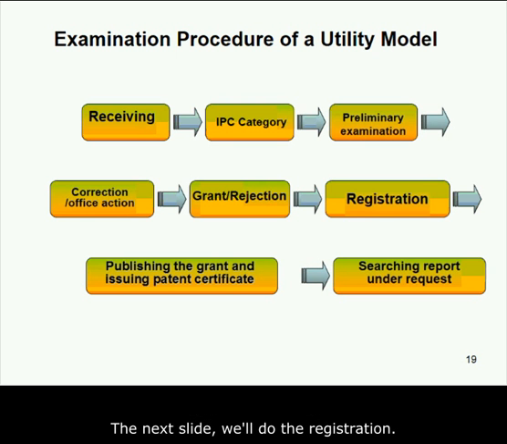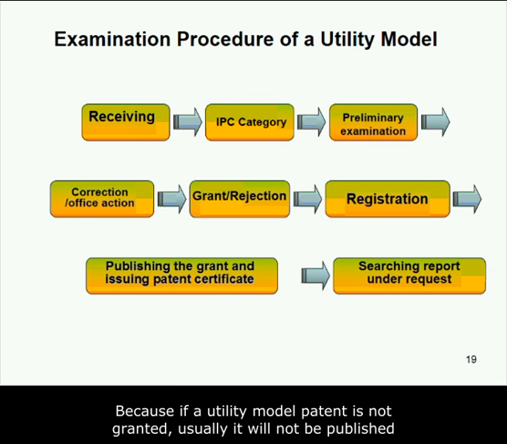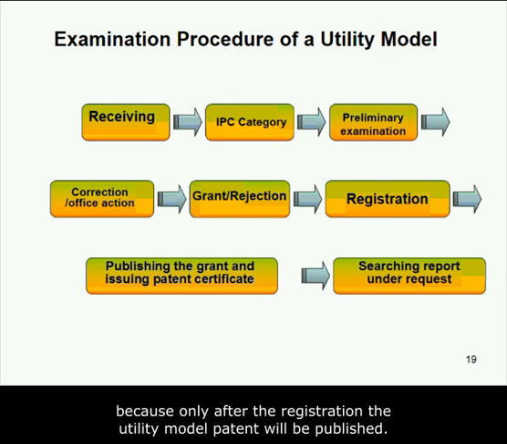So the next step is we'll do the registration. There is a big difference between the utility model and the invention practice, because if a utility model patent is not granted, usually it will not be published. Only after the registration will a utility model patent be published.